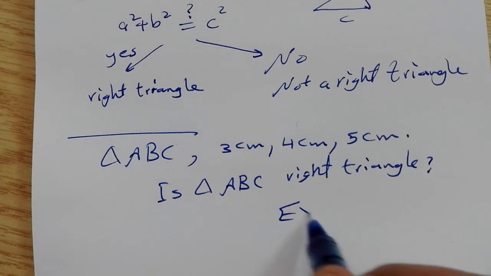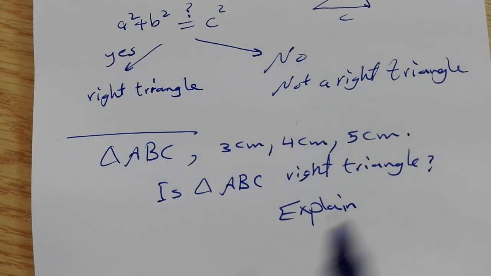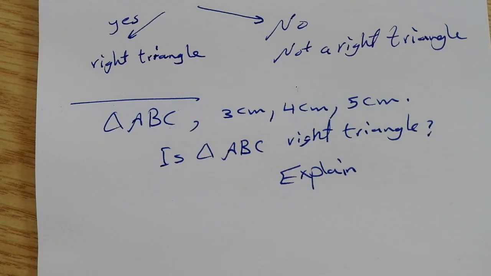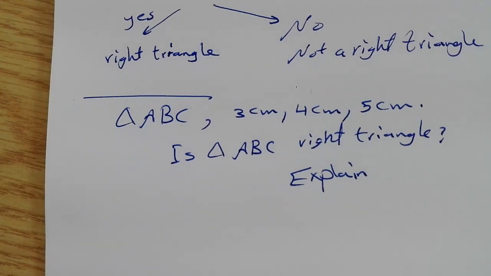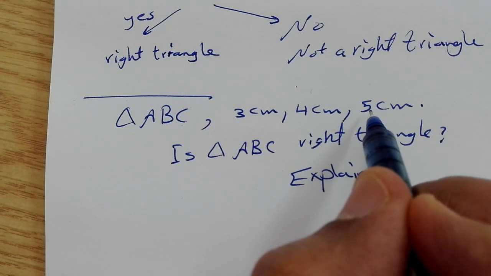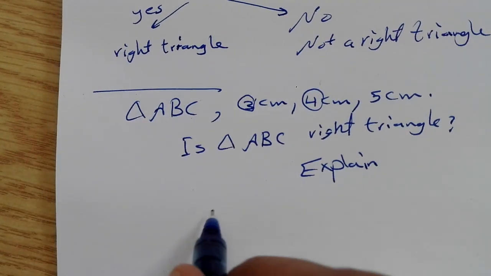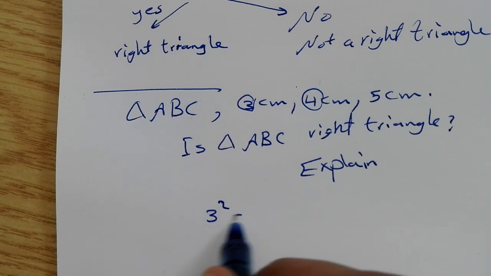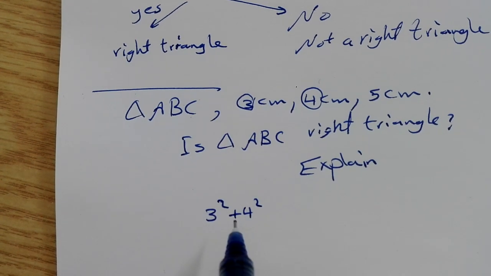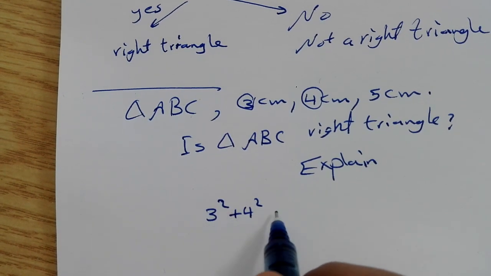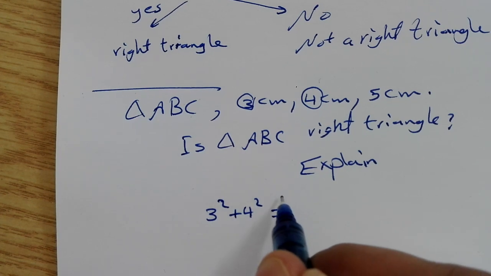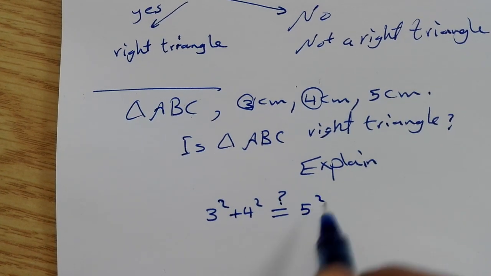And explain. The first thing we said, don't begin with the longest side. Begin with the two other sides, 3 and 4, and find 3 squared plus 4 squared, and we must check if this equals 5 squared or not.